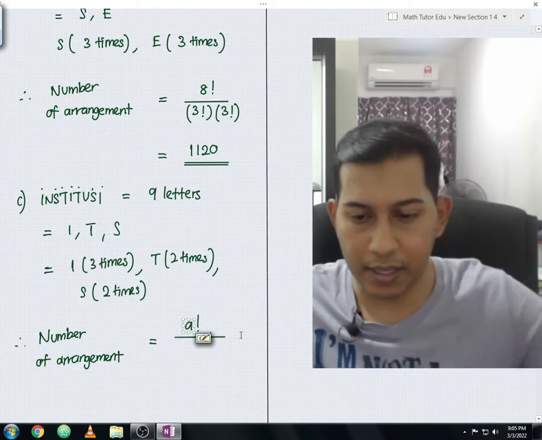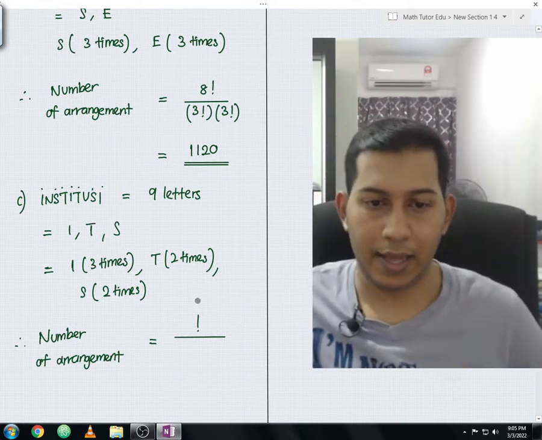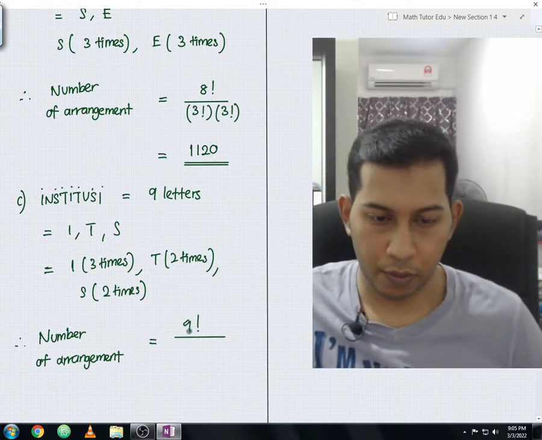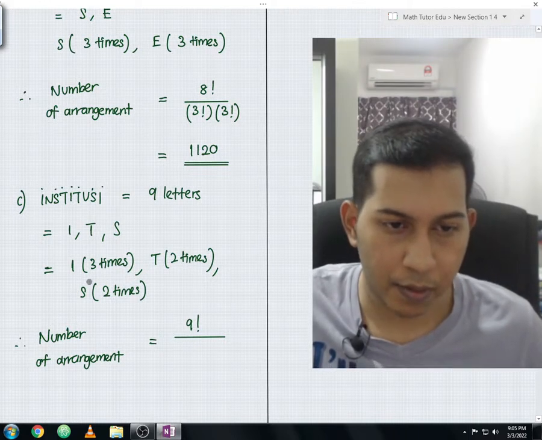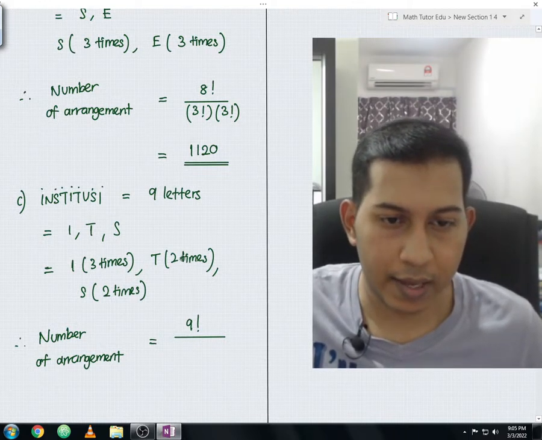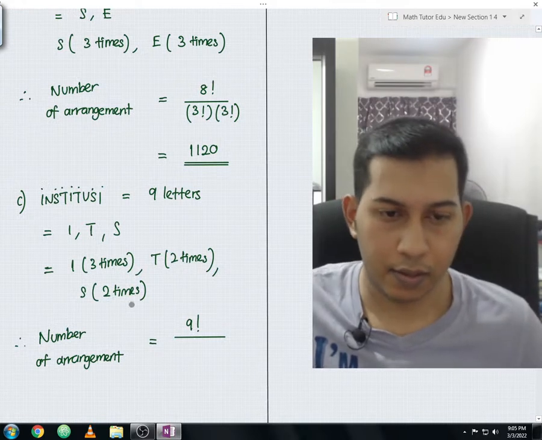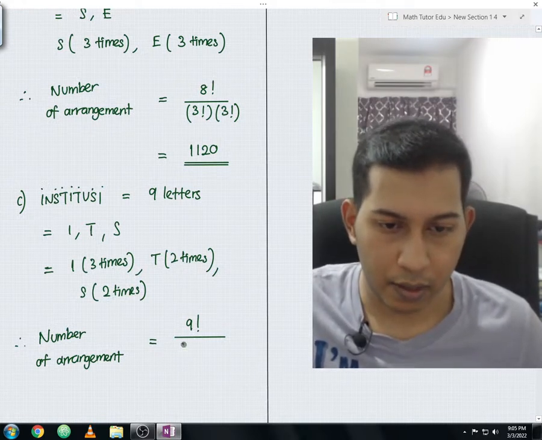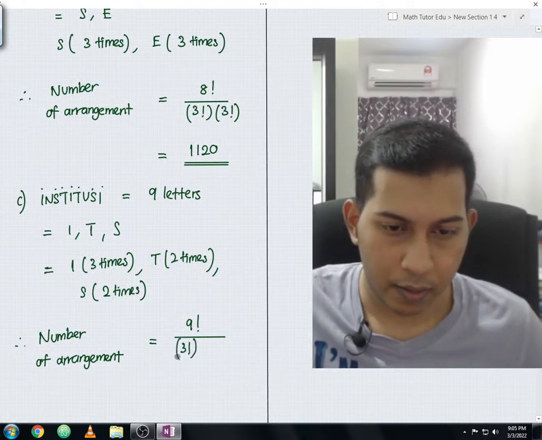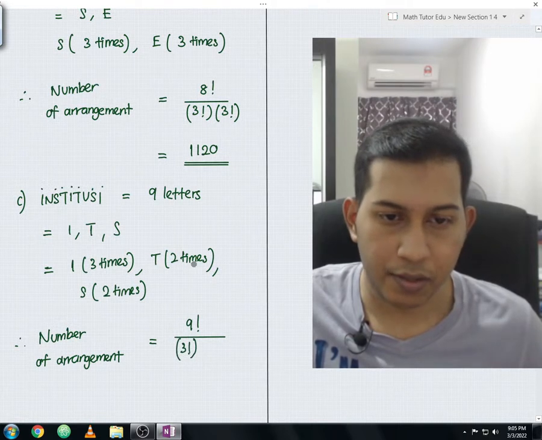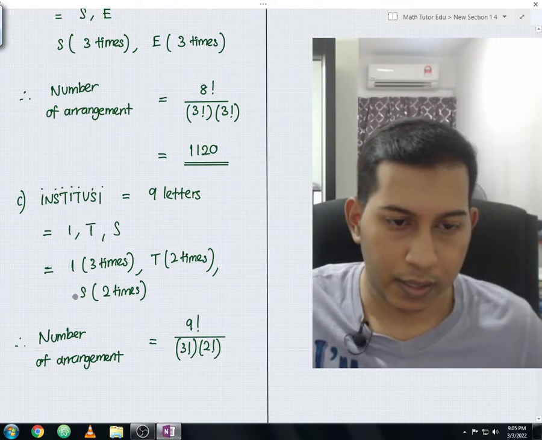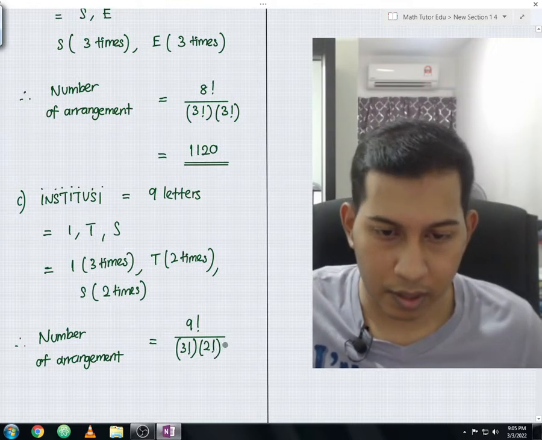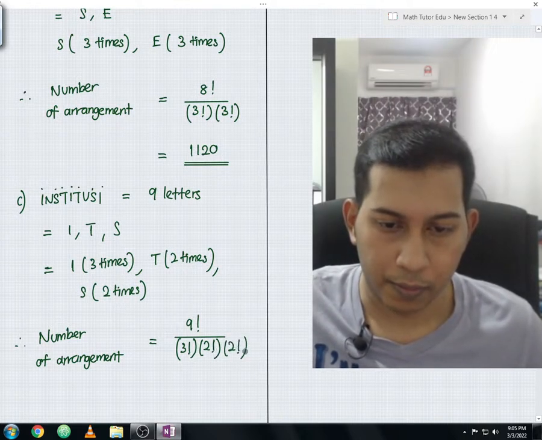This 9 represents the total number of letters to form the word institusi. You include the repetition for I, T and S. Since I is 3, you include here 3 factorial. T is 2 times, so you times with 2 factorial. Since S is also 2 times, you times with 2 factorial.